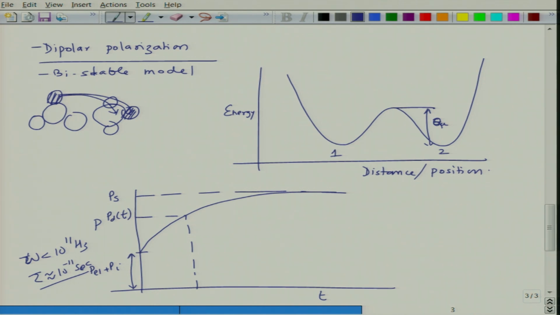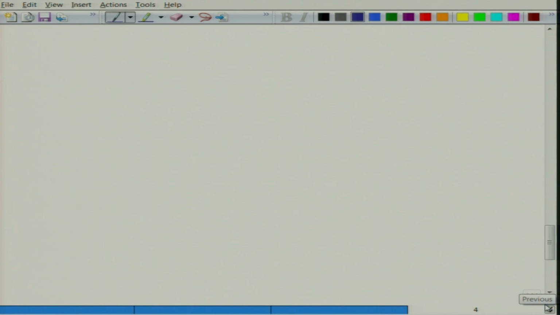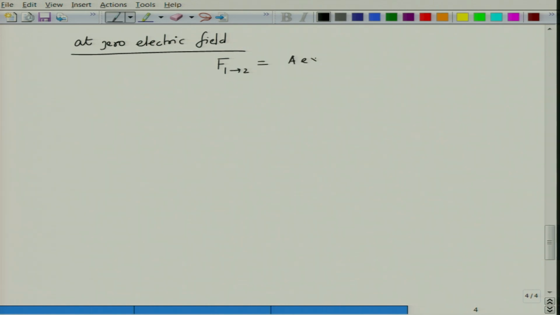So, we were talking about the probabilities of jump. When you have 0 electric field, the probability of jump from 1 to 2 will be equal to A exponential, let us say, f naught into exponential of minus QA divided by KT.